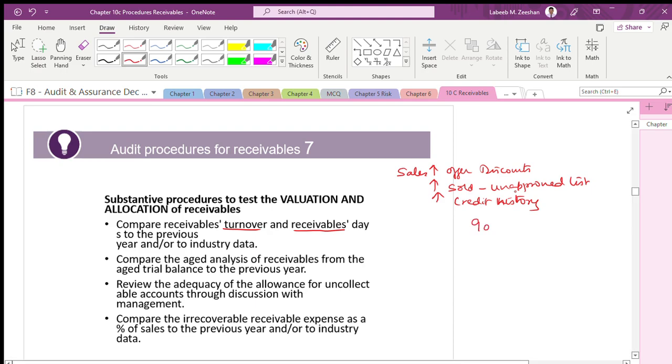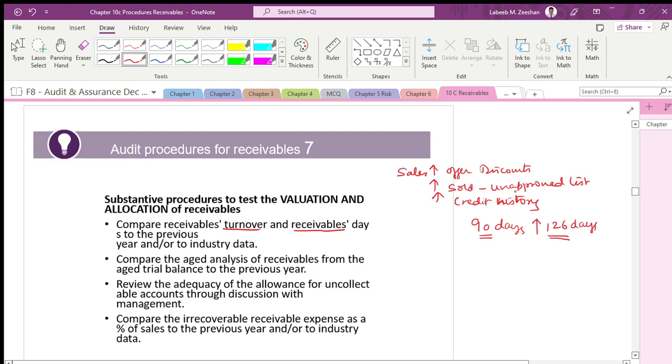Now, if receivable days are increasing, assume to 126 days, previously we were recovering within 90 days and now within 126 days, it is not a good sign.